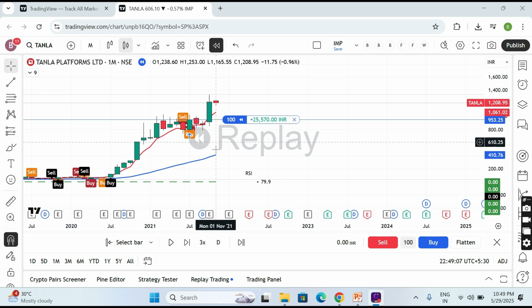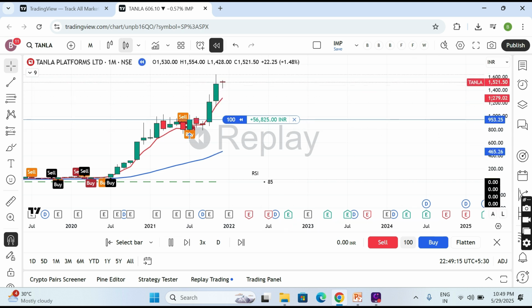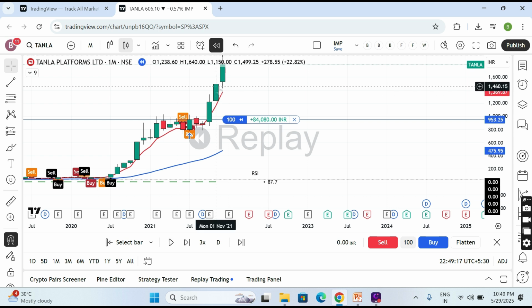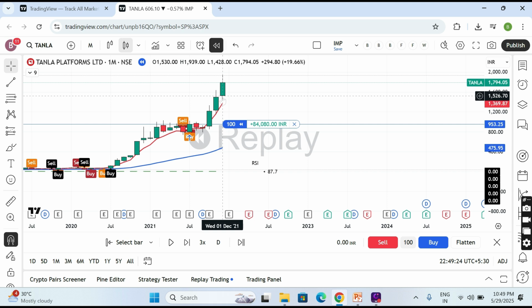So I will keep 853 as a stop loss, and I will be in the particular trade. After that I will keep this as a low, and after this I will keep this as a low. So finally I'll be keeping my stop loss somewhere over here, 1520 or 1525. If the price hits below that, then I will come out.